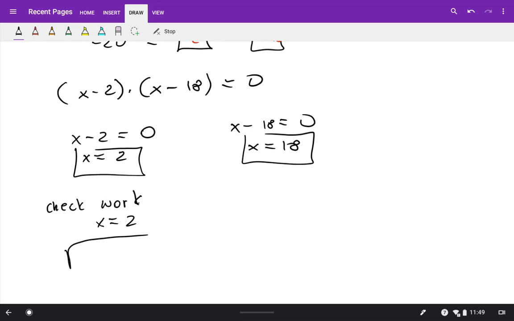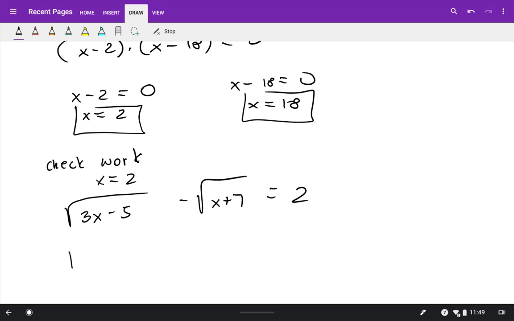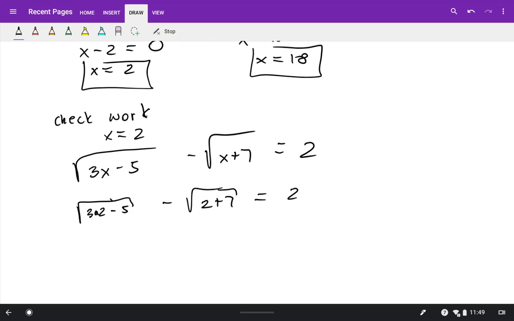I'm going back to the original equation, which is square root of 3x minus 5 minus square root of x plus 7 equal 2, and I'm replacing x with 2. So this is square root of 3 times 2 minus 5 minus square root of 2 plus 7 equal 2. 3 times 2, so we end up with 6 minus 5, which is 1, square root of 1 minus square root of 9, and we're checking if this is 2.